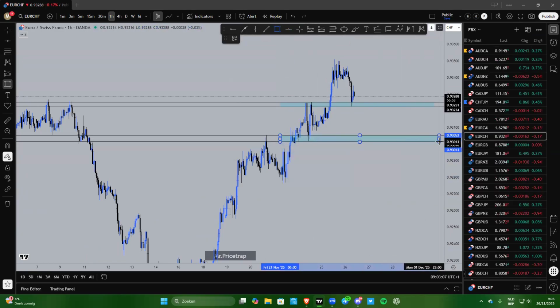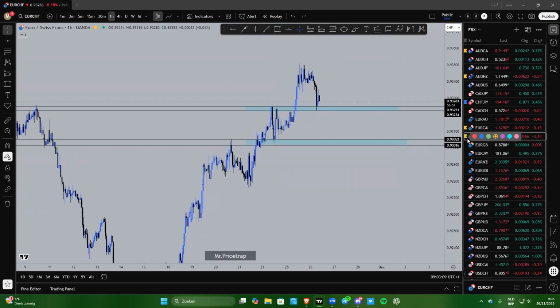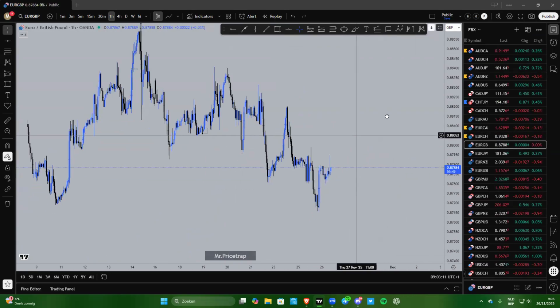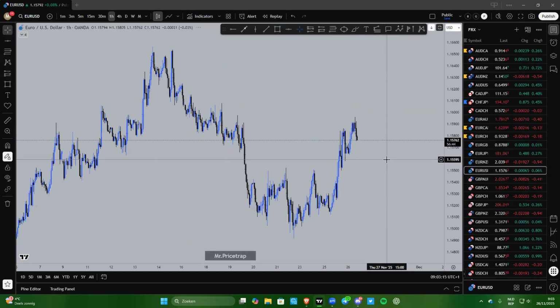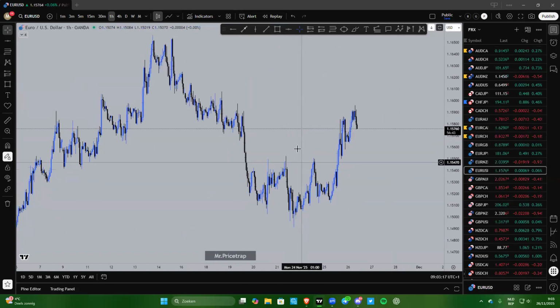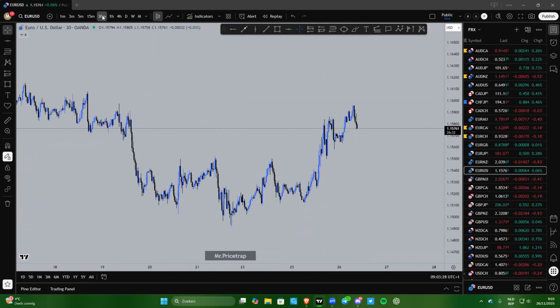These are my support areas. I had Euro USD yesterday also for the breakout retest to the upside, and it followed up beautifully. The retest was very hard to catch. It happened so fast.